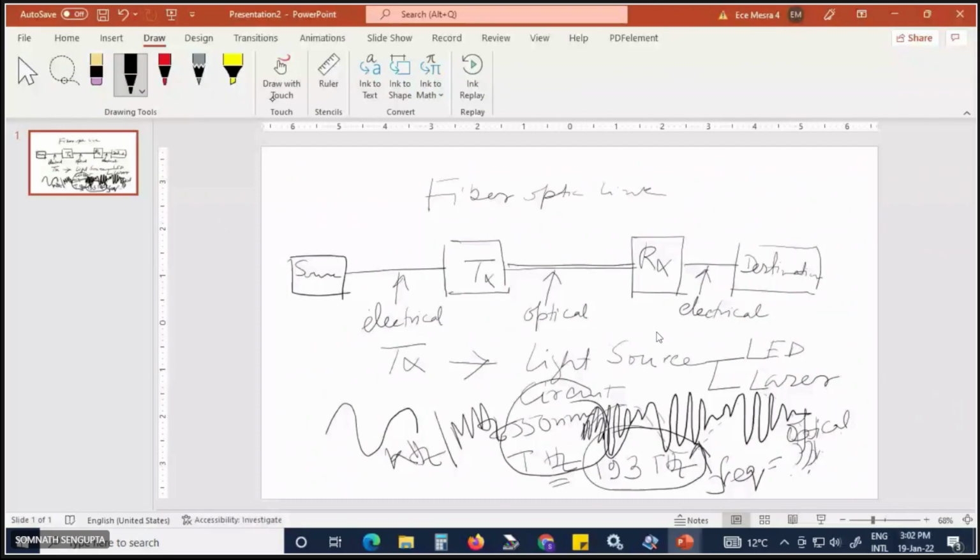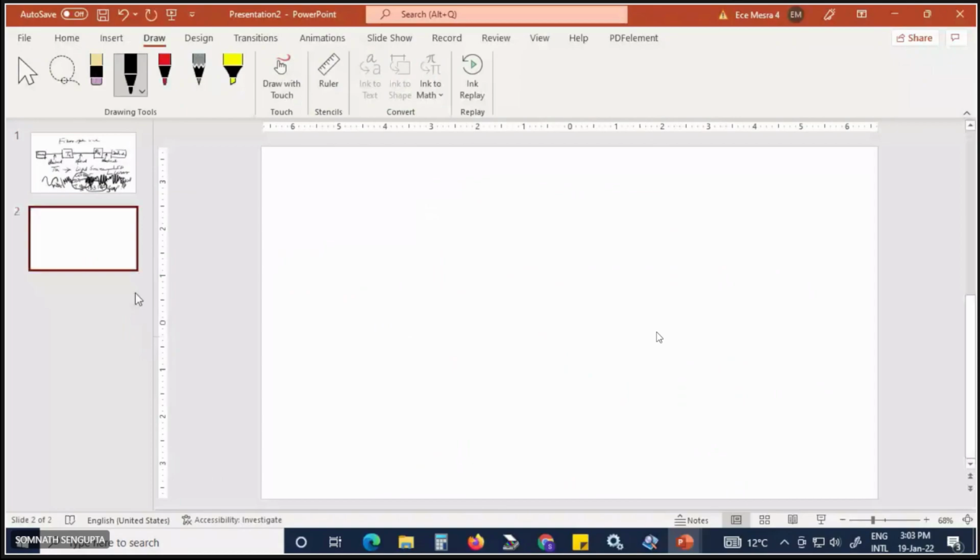Now, the LED and laser. Two types of light sources are used. What are the characteristics?